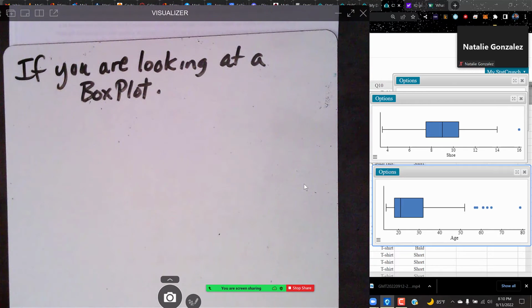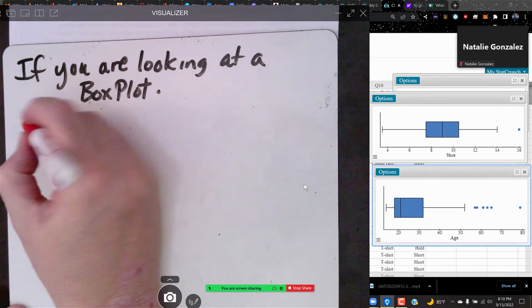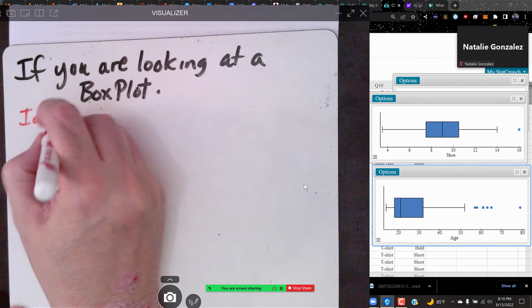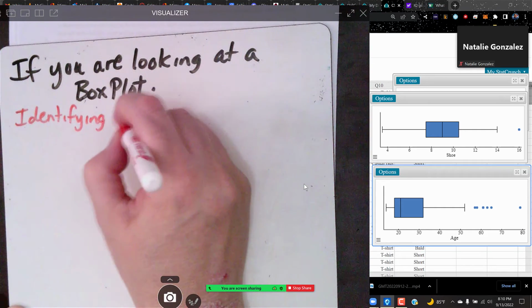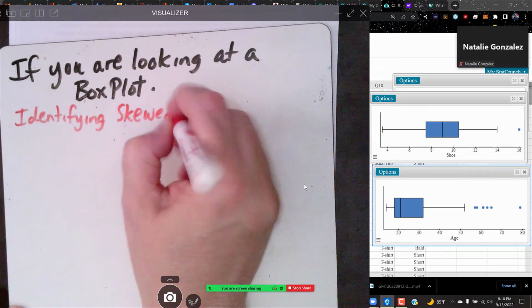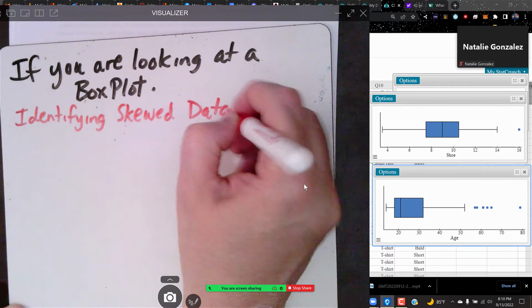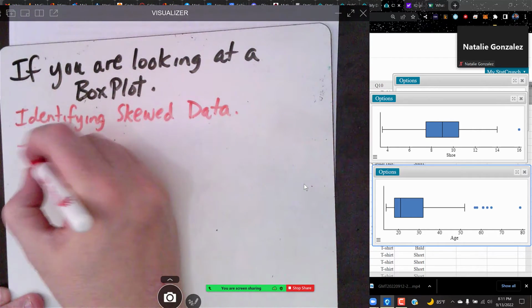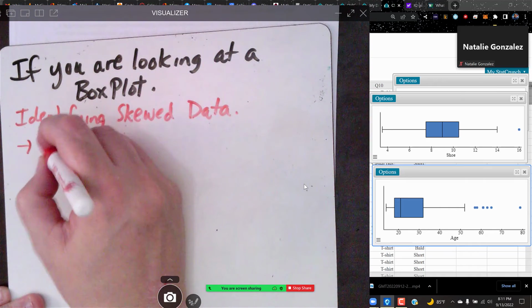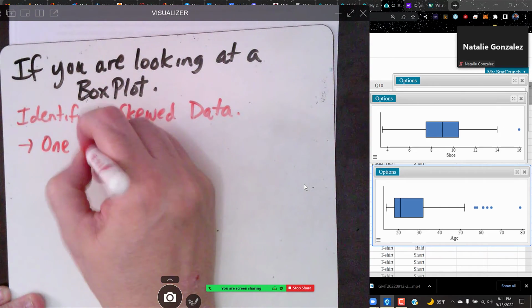So, identifying skewed data. The first thing to note is one whisker is much longer than the other.